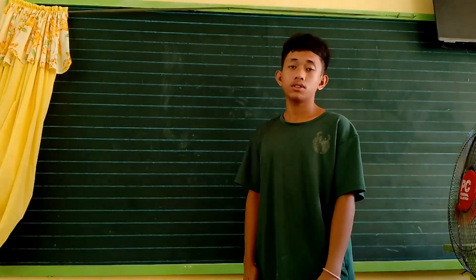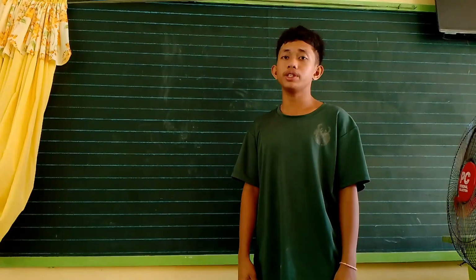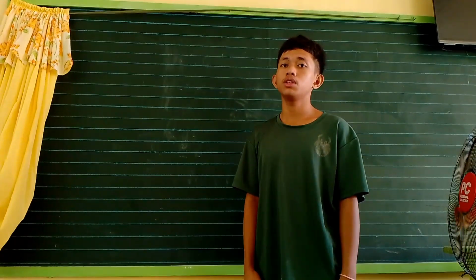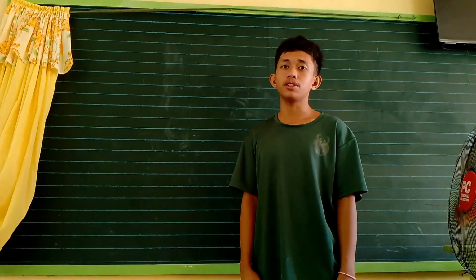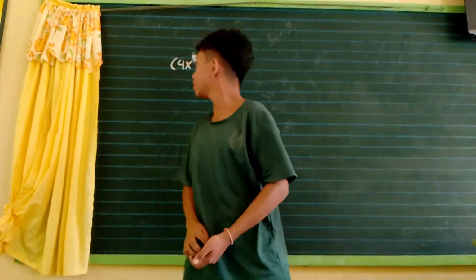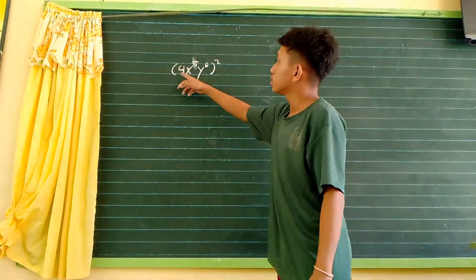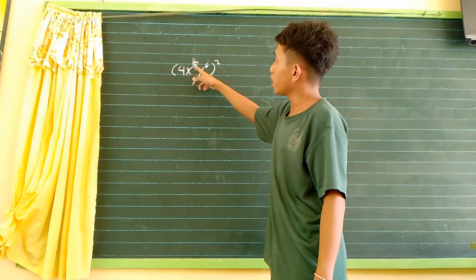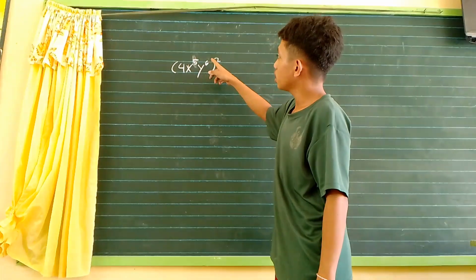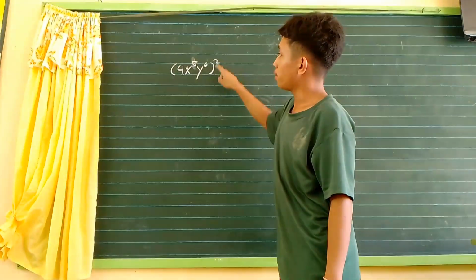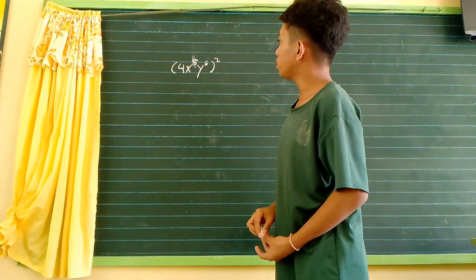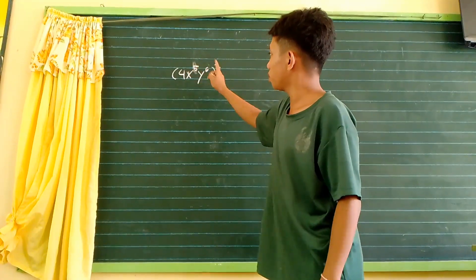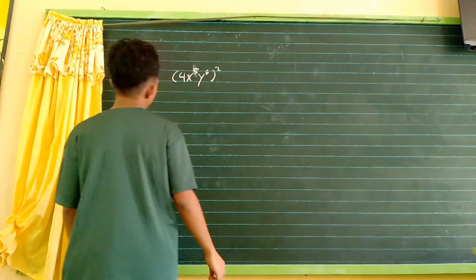Since we're done with how to simplify radical expressions, let's move on to how to simplify exponents. Our first given here is 4 x to the power of 5, y to the power of 6, all raised to the second power. To solve this, we need to multiply each exponent inside the parentheses.